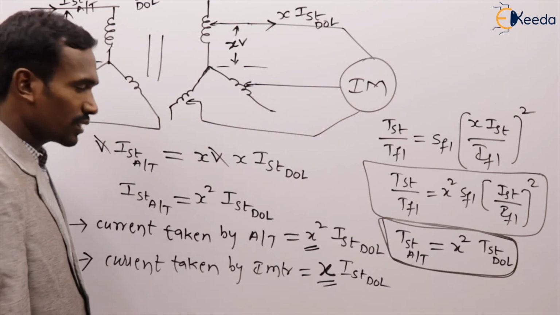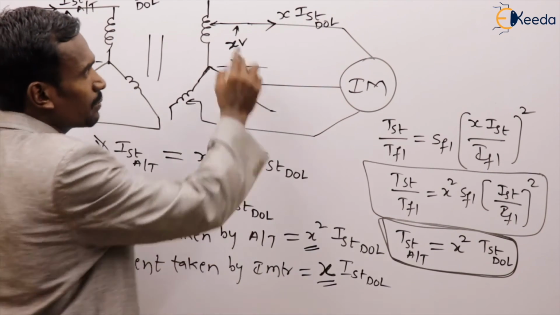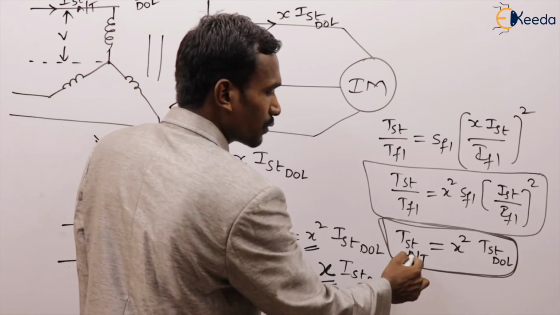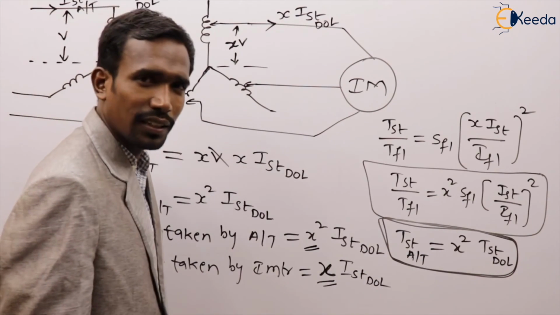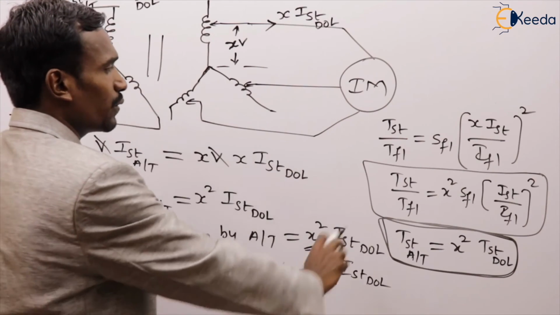Are you getting or not? The current taken by the auto transformer is X square times. The current taken by the induction motor is X times. And torque in the auto transformer starter is equal to X square times of the torque in DOL starting. This is also very important.